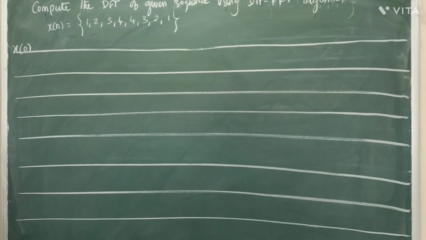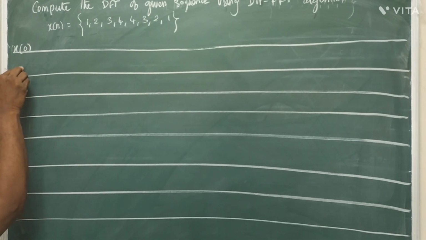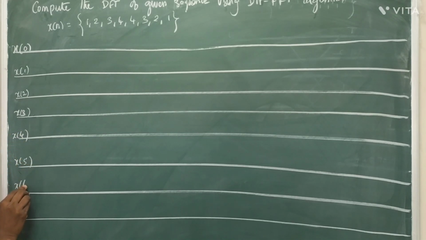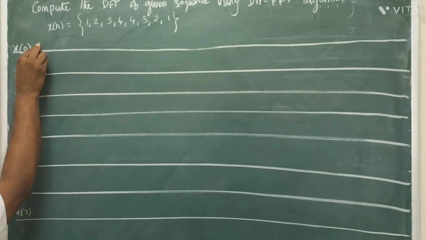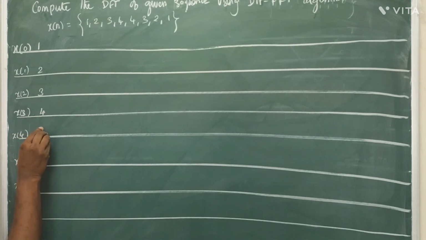The input sequence is in the normal order for the decimation in frequency FFT algorithm: x of 0, x of 1, x of 2, x of 3, x of 4, x of 5, x of 6, x of 7. The samples are 1, 2, 3, 4, 4, 3, 2, 1.